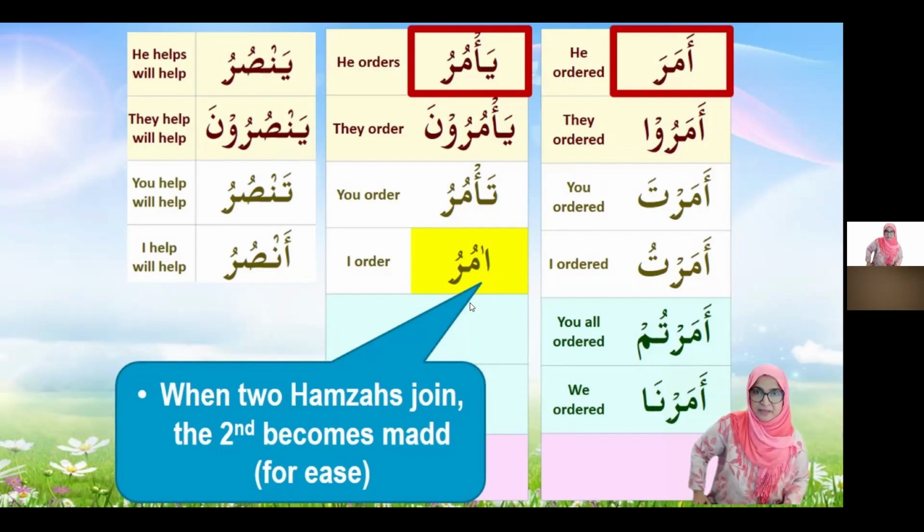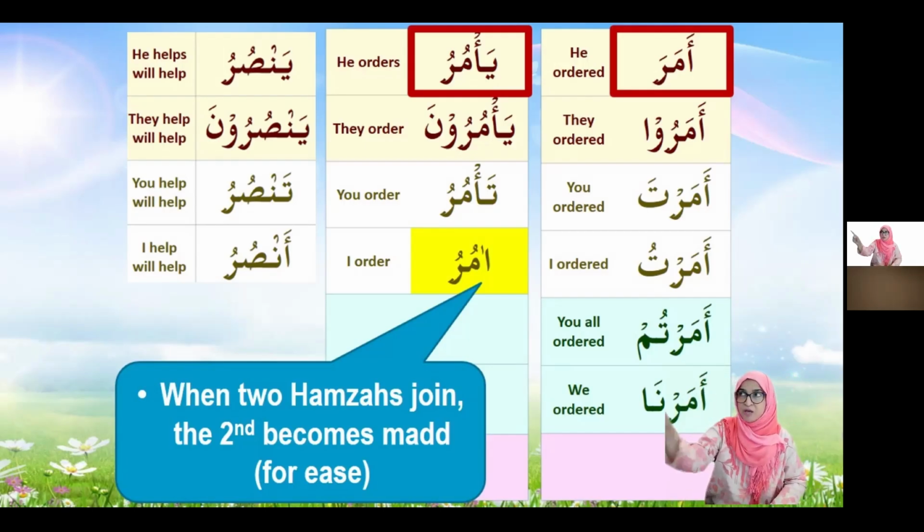So let's practice this. Ya'muru, ya'muruna, ta'muru, amuru. Not a'muru. Amuru. Ta'muru, amuru. This is the only difference. Just for the smoothness in the recitation, the smooth flow, you just say it with 2 steps.